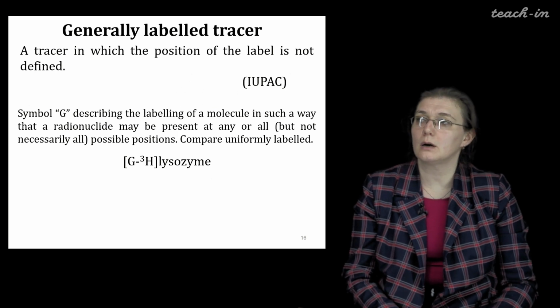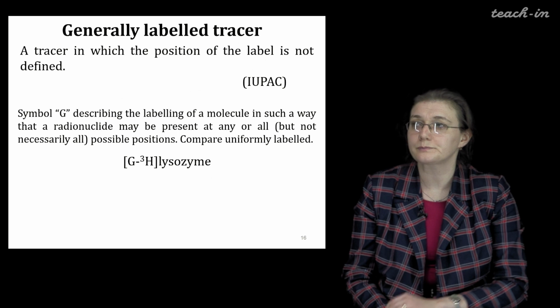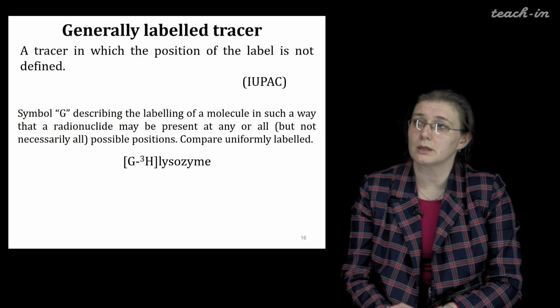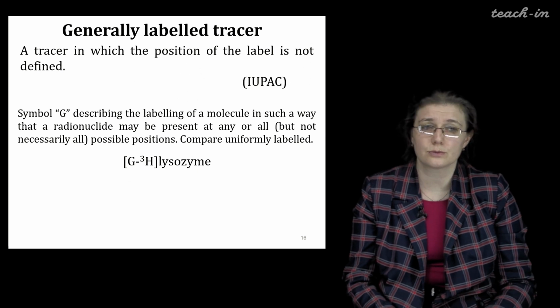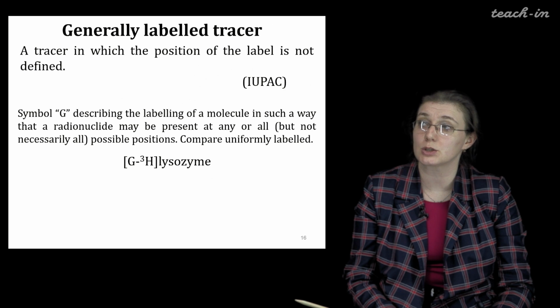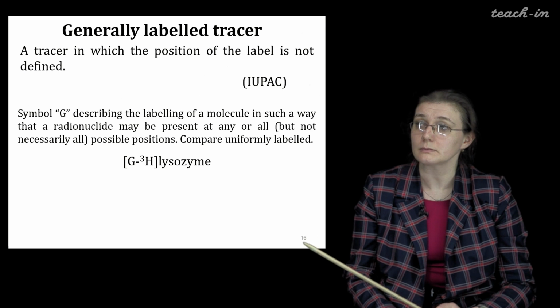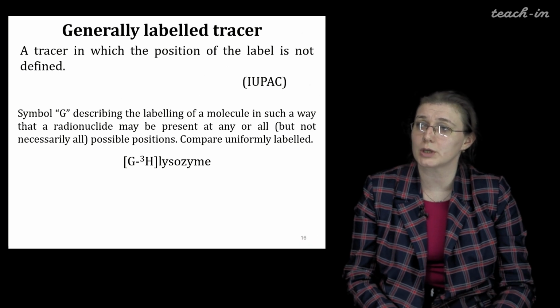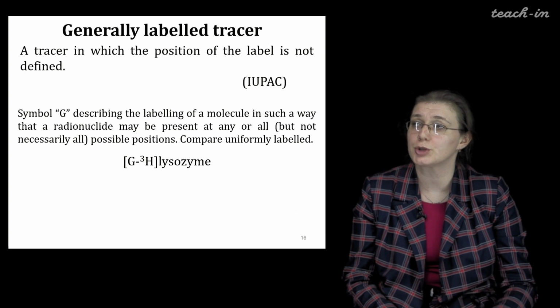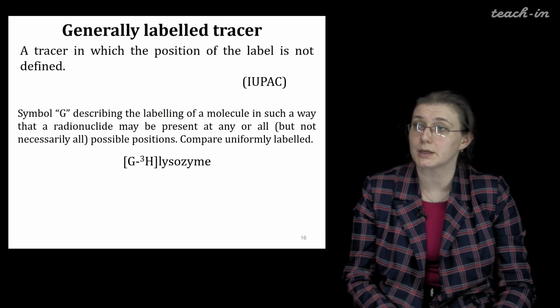The other group of labeled tracers is the generally labeled tracer. According to the IUPAC definition, it is a tracer in which the position of the label is not defined. This definition is usually applicable to high molecular weight materials. Here is an example with a protein, which is labeled with tritium.